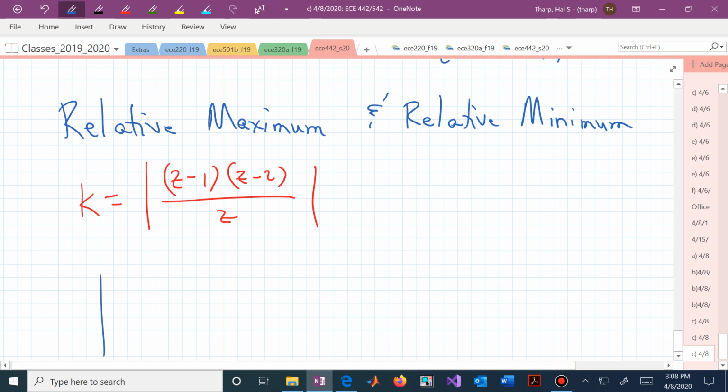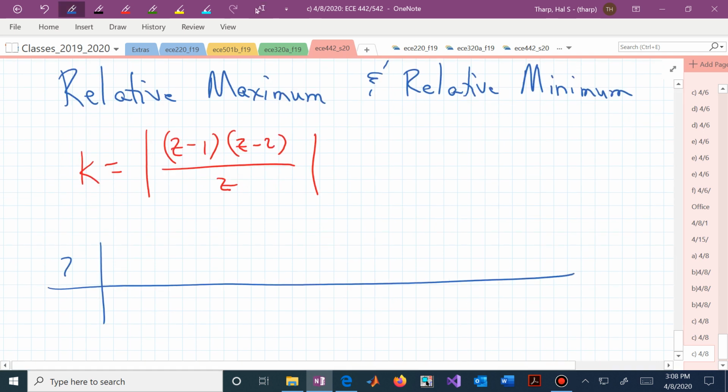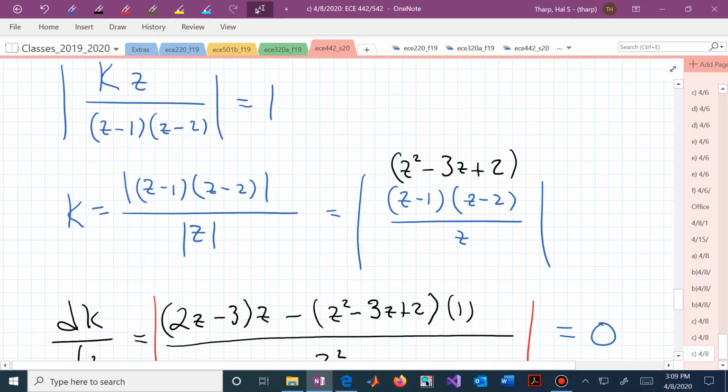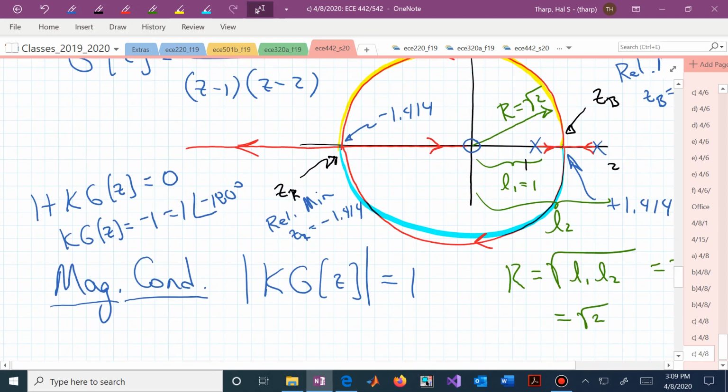If somebody said, you know what, I have a calculator, maybe I can now just compute what k is for different values of z, because I know that between 1 and 2 I have to experience a relative maximum. Remember, we're adjusting this knob k from 0 to infinity, and as I crank up the gain k, it's only going to get me to where those two collide, and then after that point I'm going to leave the real line. So I'm going to have a relative maximum value of k between 1 and 2.